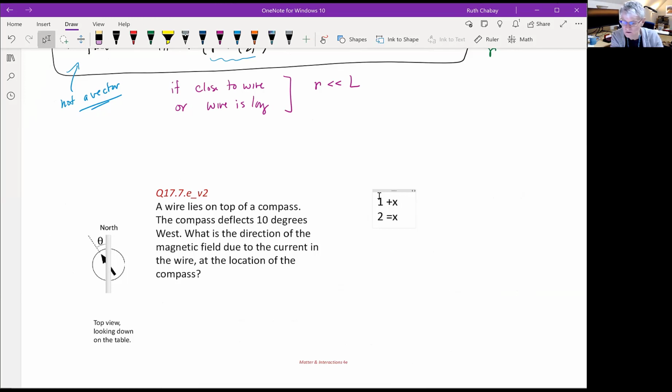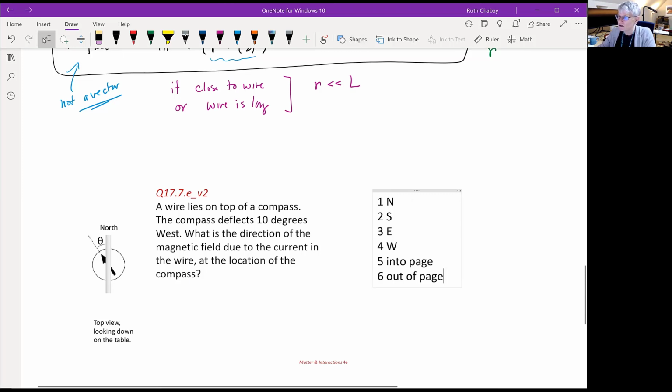Or actually, let's do it this way. North, 1 is north, 2 is south, 3 is east, 4 is west, 5 is into page, and 6 is out of page. Okay, we'll do it that way.